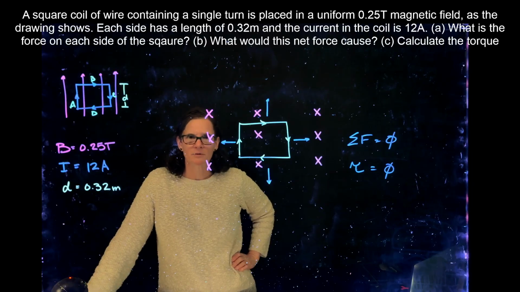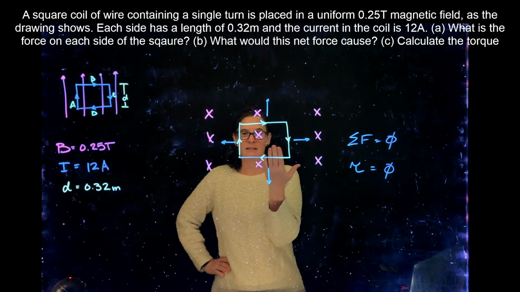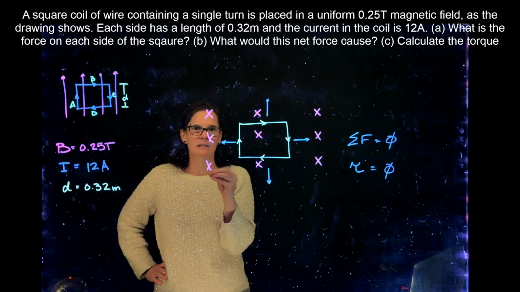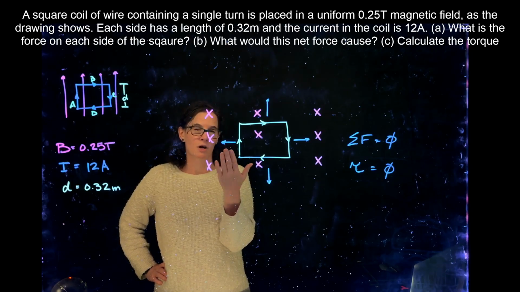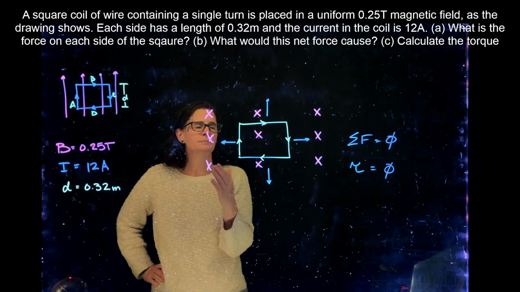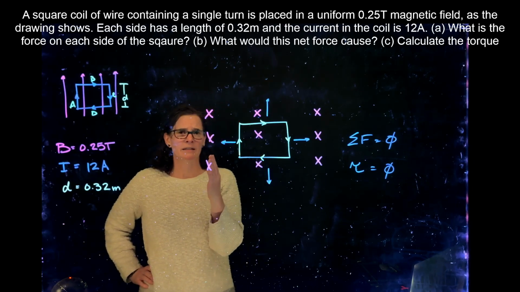And how can we use that to our advantage? Well, if I put a loop in a magnetic field, it's going to rotate until the moment vector is parallel to the magnetic field vector. If I turn the current on, remember, current has to exist, charges have to be moving, in this loop, it begins to rotate.